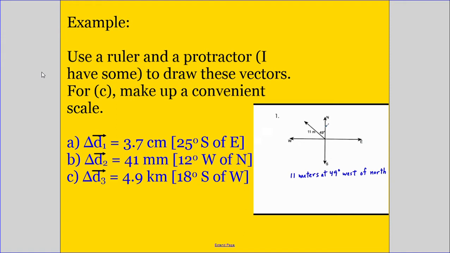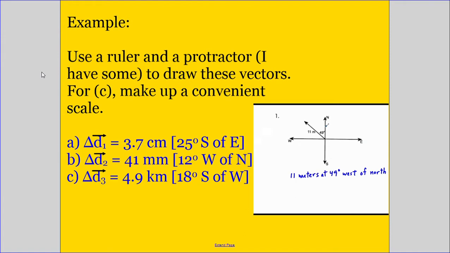For the first two, A and B, the ruler measurement should do the trick, centimeters and millimeters, and then I have these compass bearings here for you to try. After that it says for C to make up a convenient scale. Obviously you're not going to draw a line that's 4.9 kilometers long. That would be very ridiculous to do, but we can easily make up a scale that we can use to show something on a page.